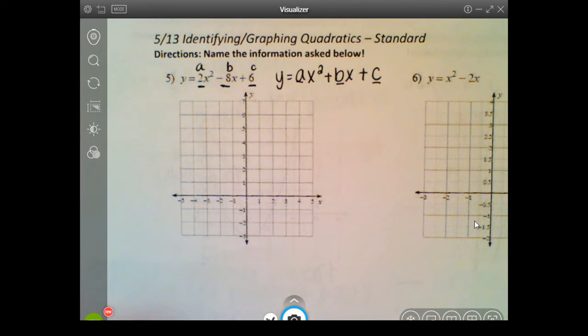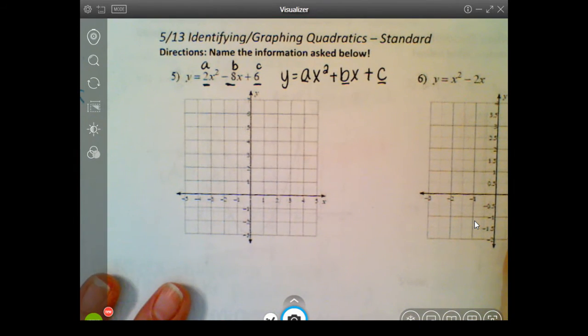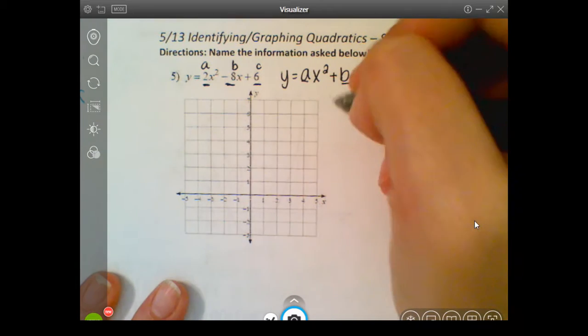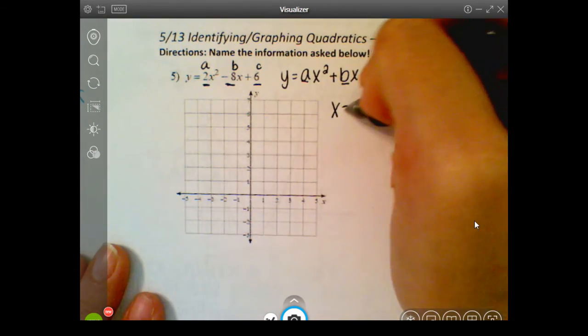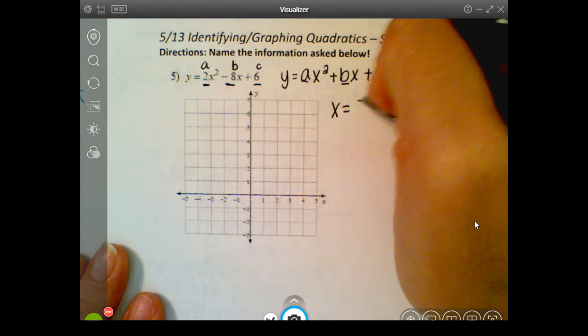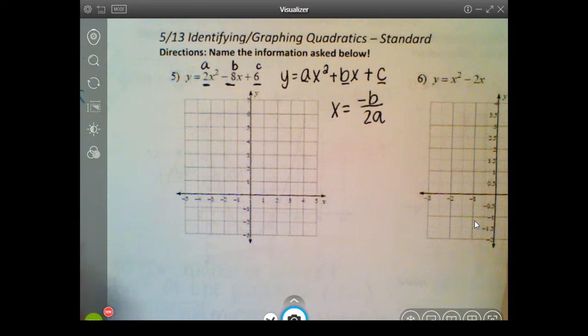In order to figure out where to start, there's a formula that tells you which x number you want to start at, where the vertex is. So x equals, this is what it looks like, -b/2a. Now, if we were in class, I wouldn't just give you that, but this is going to be, I think, the most simplistic way for you guys to all be successful, no matter what device you have or tools you have to help you.